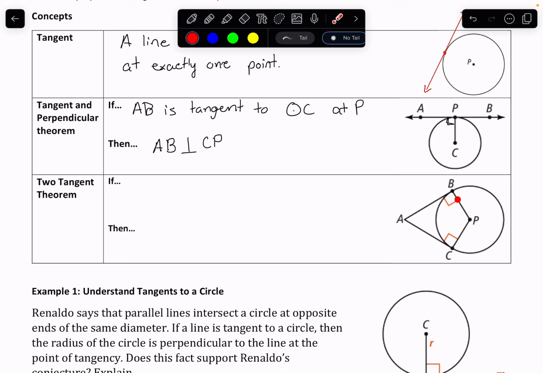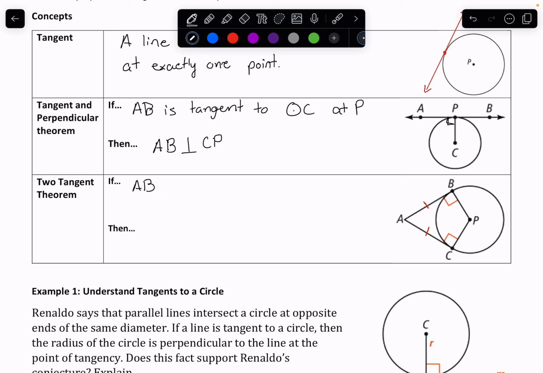We see that they are perpendicular to the radius from the center to point B and the center to point C because of the tangent and perpendicular theorem. But what we can also say is that in this case, AB will be congruent to AC. That's our two tangent theorem. So we can write, if we have two tangents to the circle from a common endpoint, we'll give them some names.